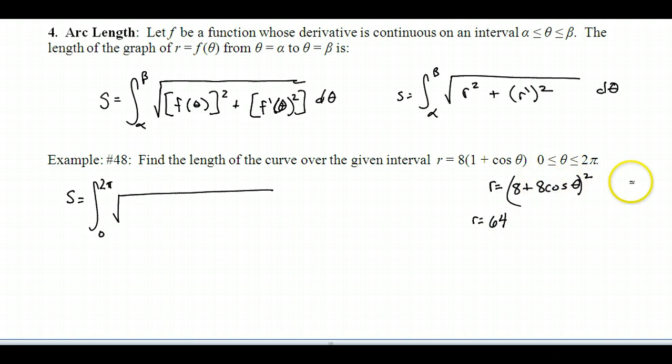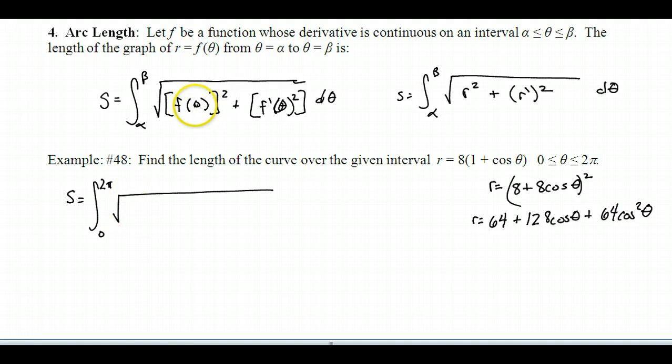Then I'll have 64 cosine theta plus 64 cosine theta, which gives us 128 cosine theta, plus 64 cosine squared theta.